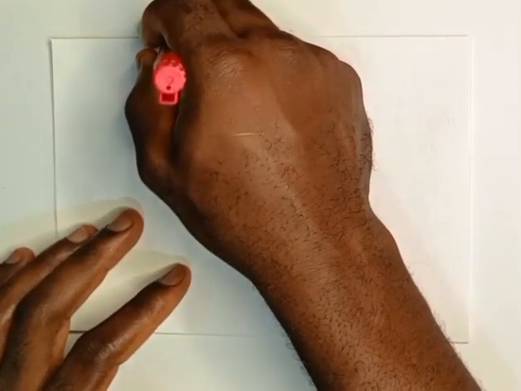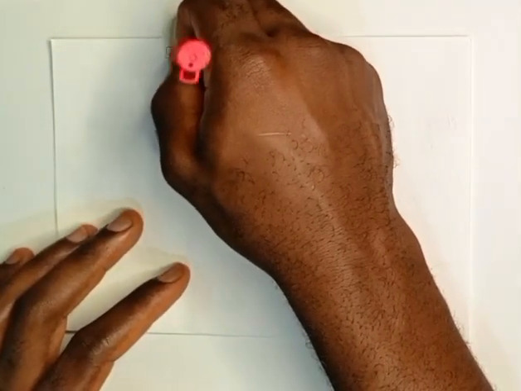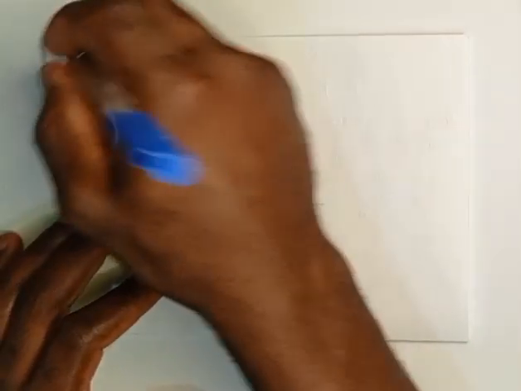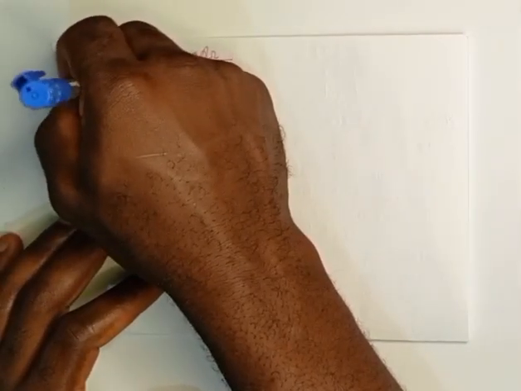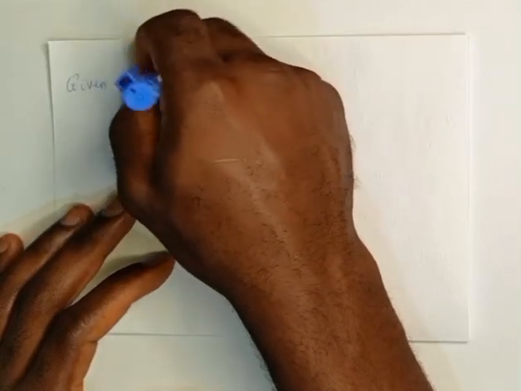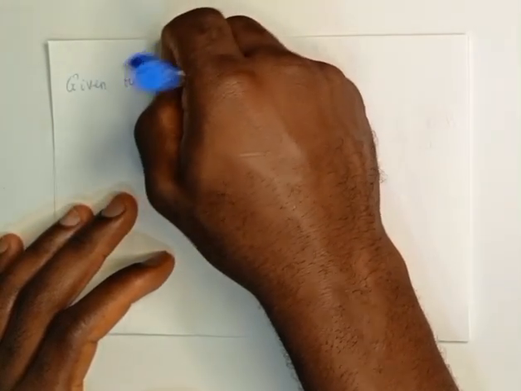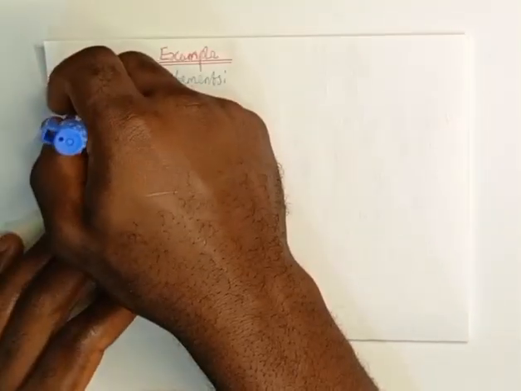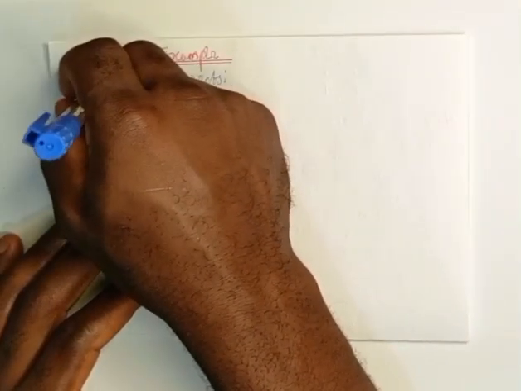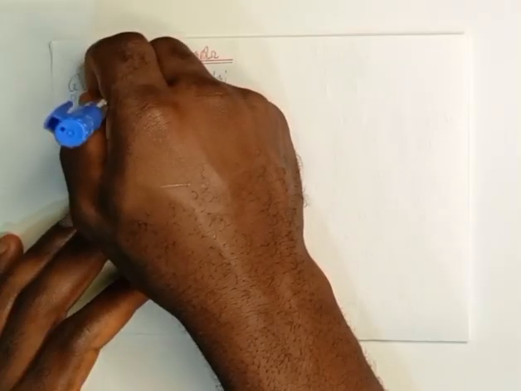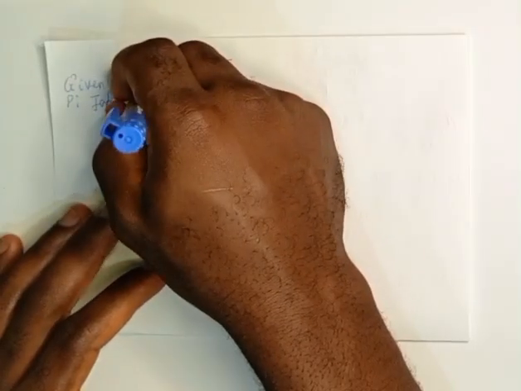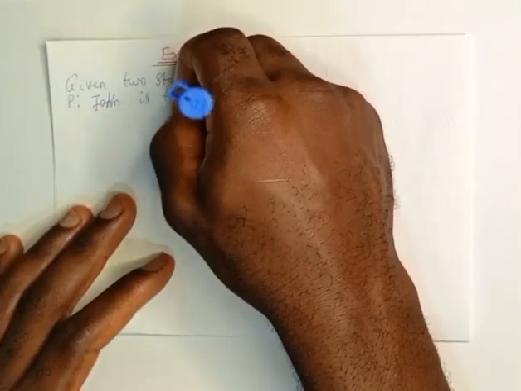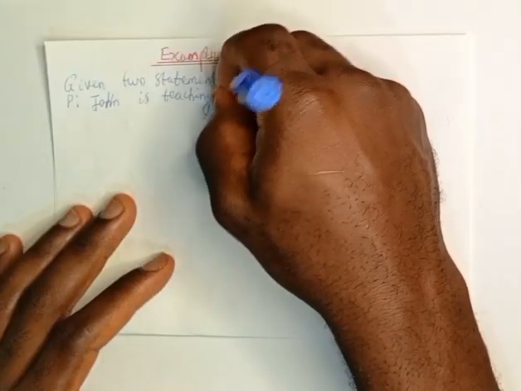Take example. Given two statements, we have the first statement P, which is John is teaching mathematics.